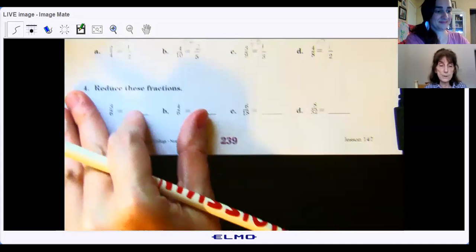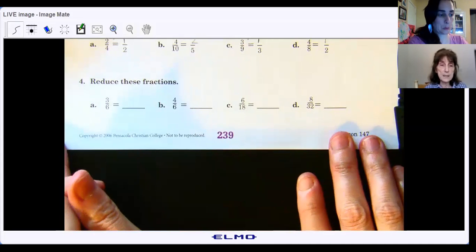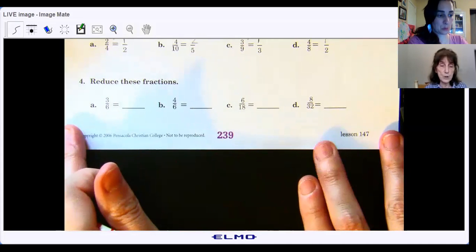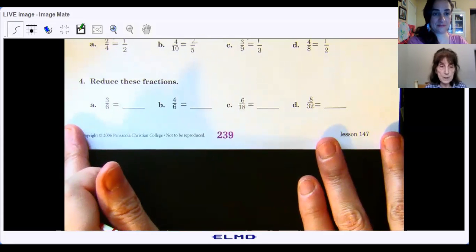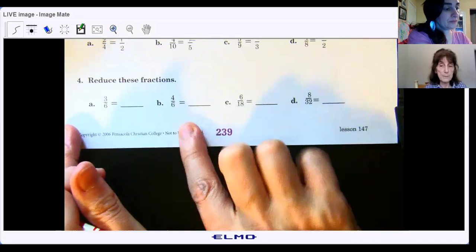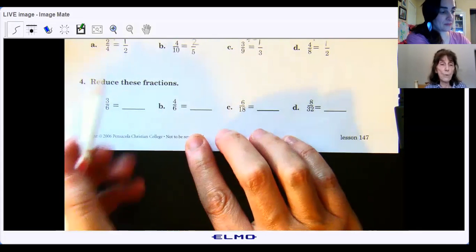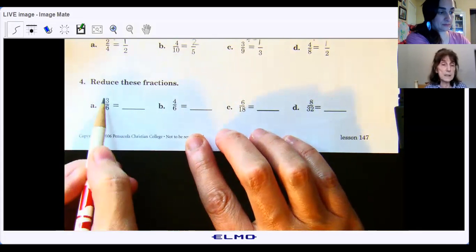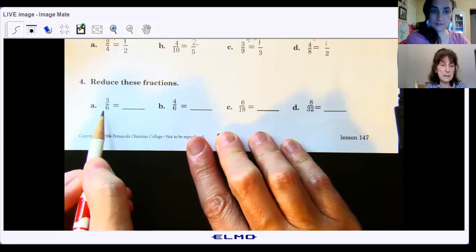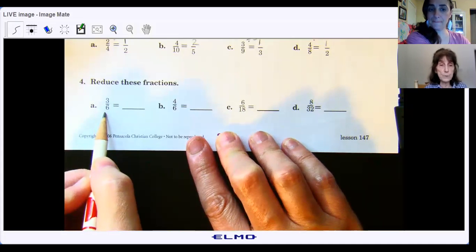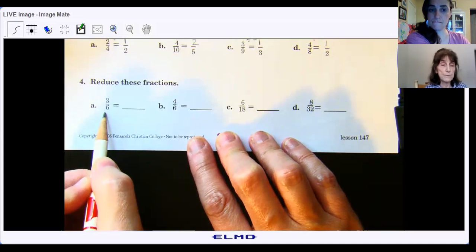Okay, the next one, number 4. It says reduce these fractions. Okay, I'm going to do the first one with you, and then I'm going to let you do the rest, okay? 3/6. What number will divide evenly into 3 and into 6? Okay, they don't give you part of the answer here. So you're going to have to remember what will divide into 3 and into 6 evenly.